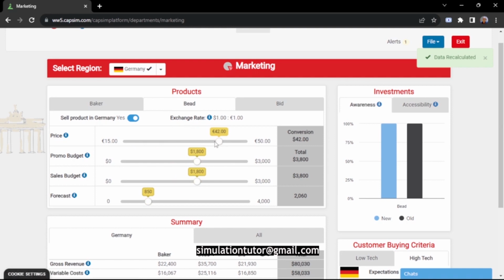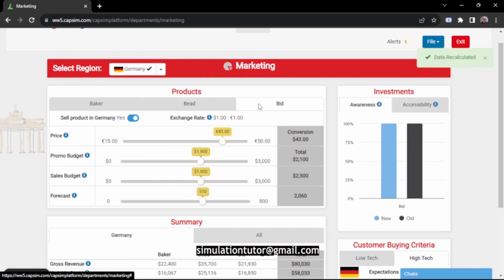Then in terms of pricing, for bid product, I'll not change it. I'll leave it at 42. So this is euros. Then for promo budget, I'll reduce it to 100. Then for sales budget, I'll reduce it to 500 because I'm almost reaching 100%, but this sales budget, I'll not reduce it further.